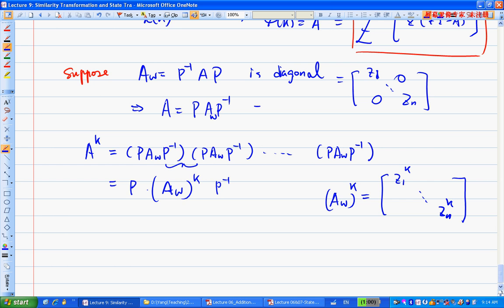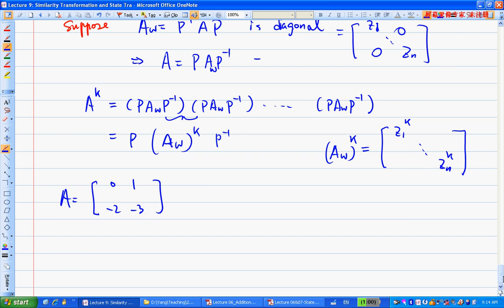Is that okay? So let me give you a quick example here, but I won't be able to finish the example now. Let's say A is 0, 1, -2, -3. I want you to use the two approaches that are here to find this A to the power of k.